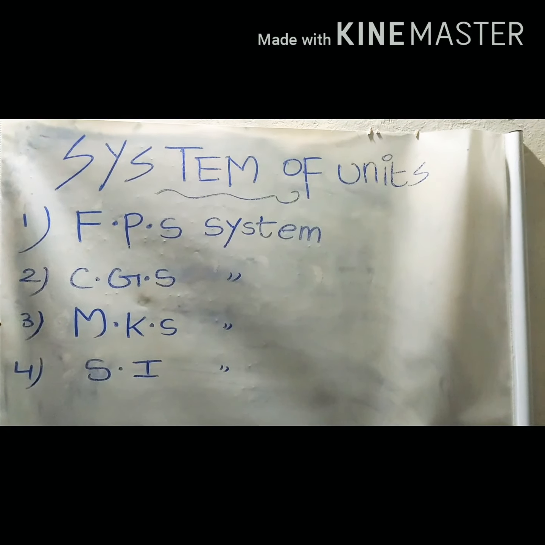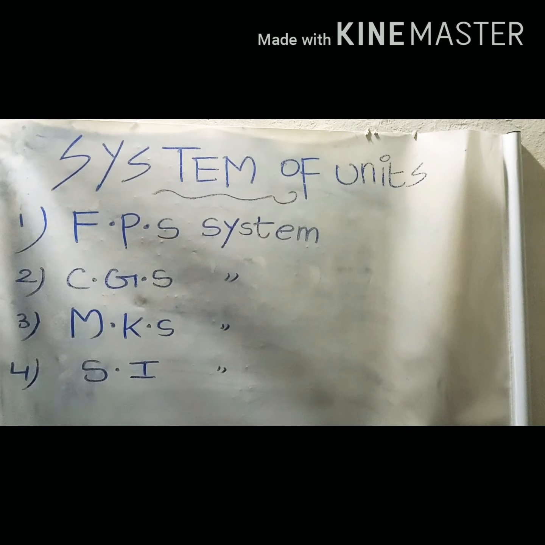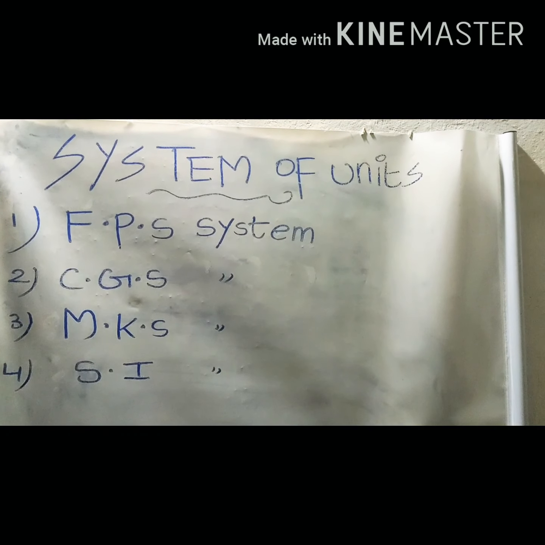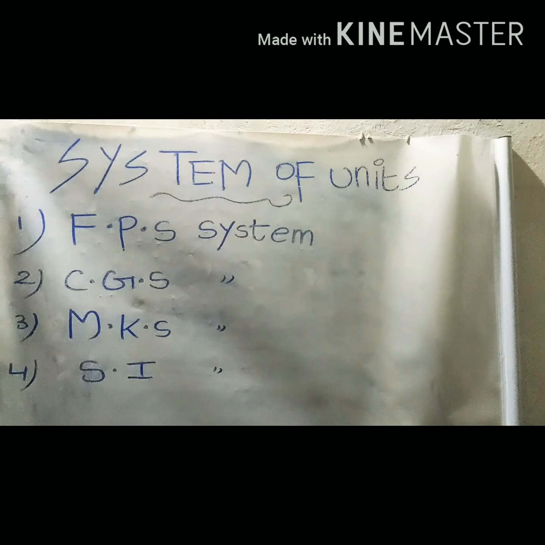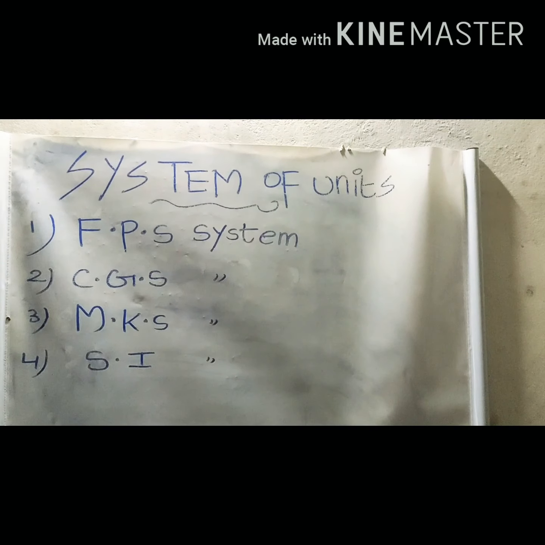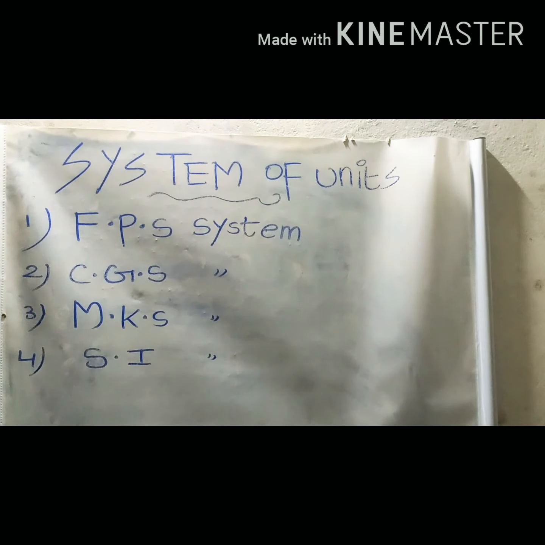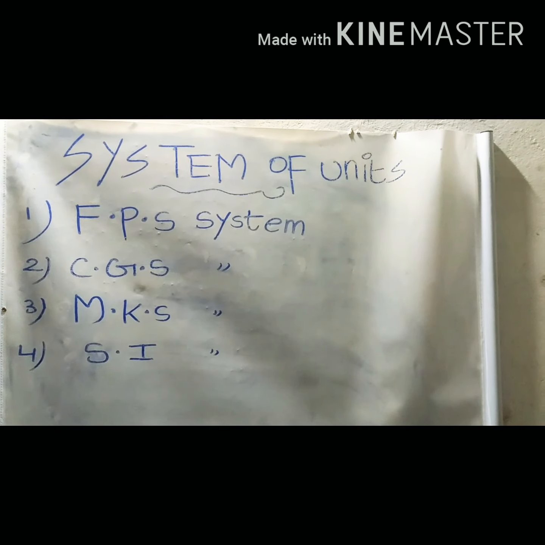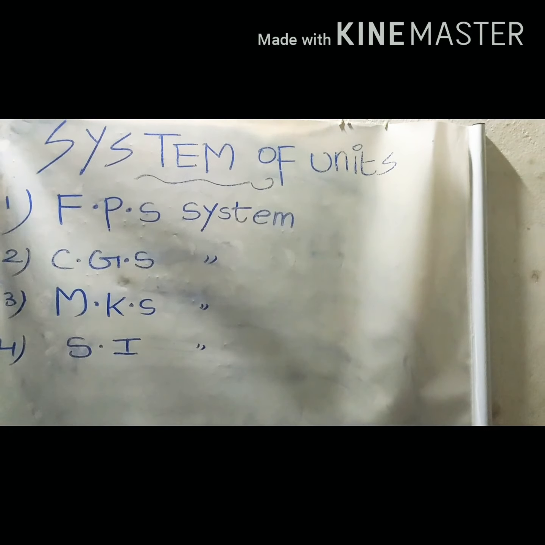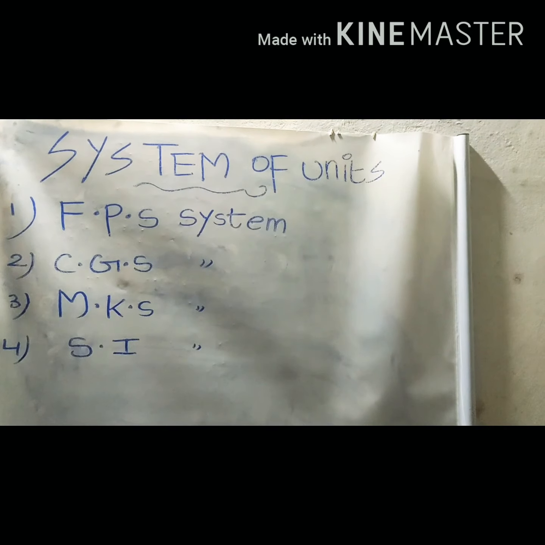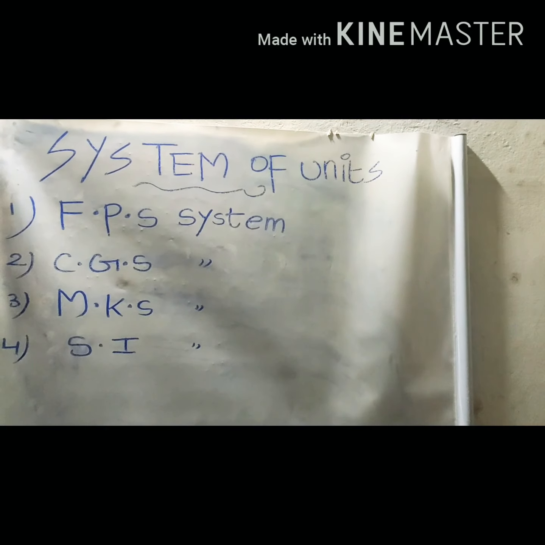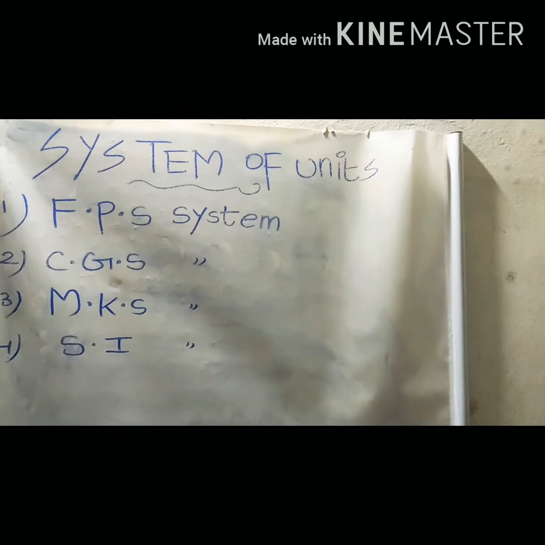What's the full form of SI system? International system of units. Okay, that's all about the four systems of units: FPS system, CGS system, MKS system, and SI system or SI unit.